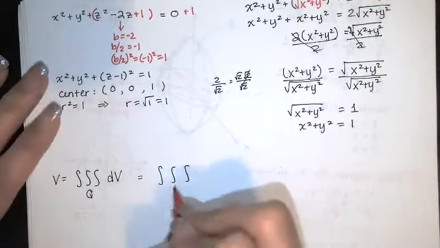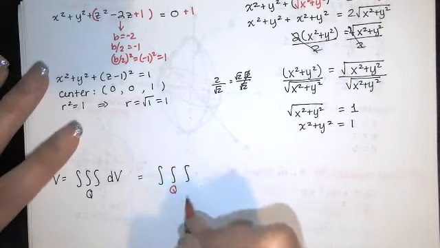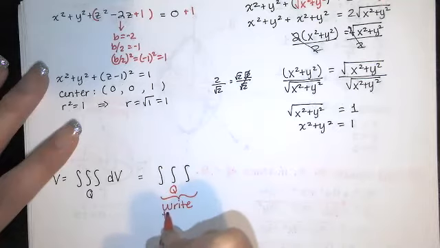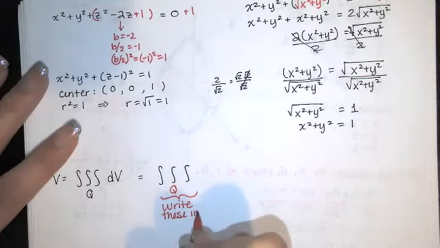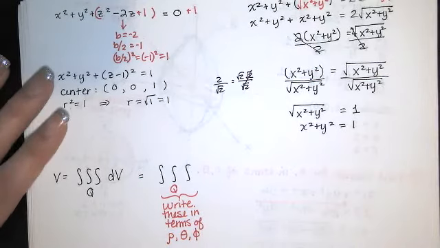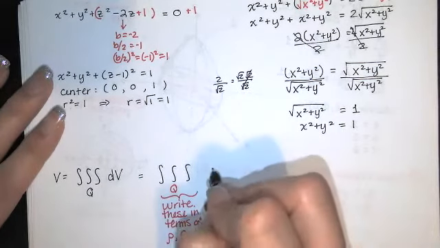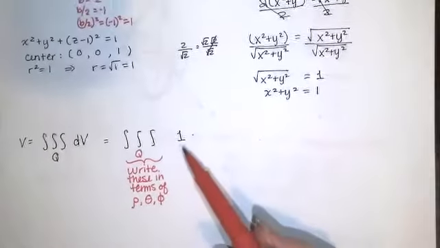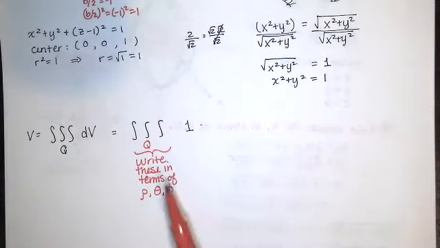One thing is to write the bounds for Q in terms of rho, theta, and phi. The integrand, that's a 1, stays. If there was something other than a 1, I would need to write that in terms of rho, theta, and phi as well.